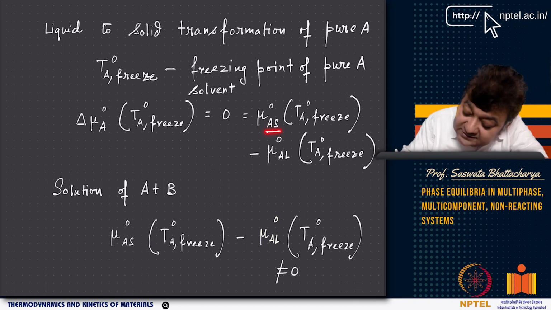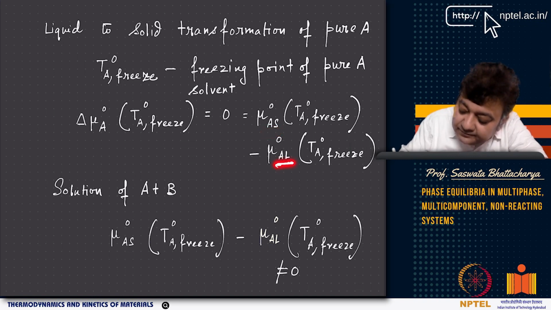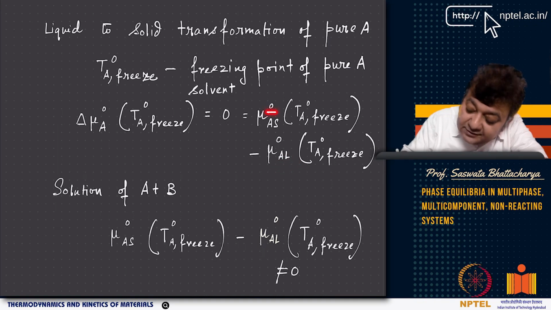A in the solid state is given by the subscript S, A in the liquid state by the subscript L, and the superscript 0 indicates pure or standard, right? So mu A 0 S minus mu A 0 L: mu A 0 in the solid state minus mu A 0 in the liquid state. So this is the difference.